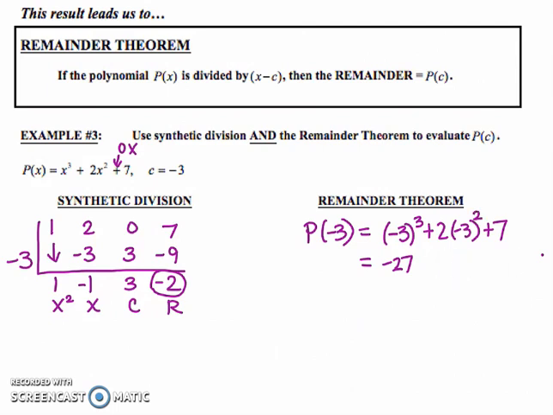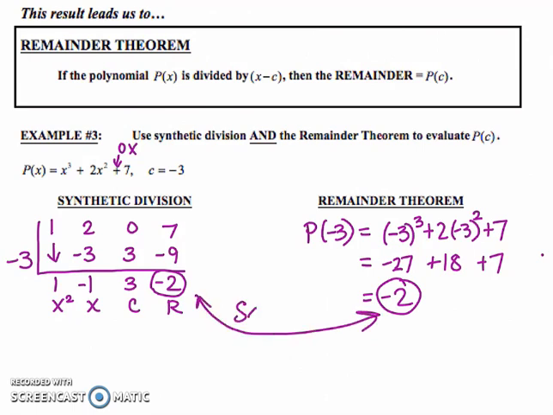Negative 3 squared is 9 times 2 is positive 18. And then plus 7. Okay, now we're going to add these together. Negative 27 plus 18 is negative 9, and negative 9 plus 7 gives me negative 2. So as you can see, I got the same result.